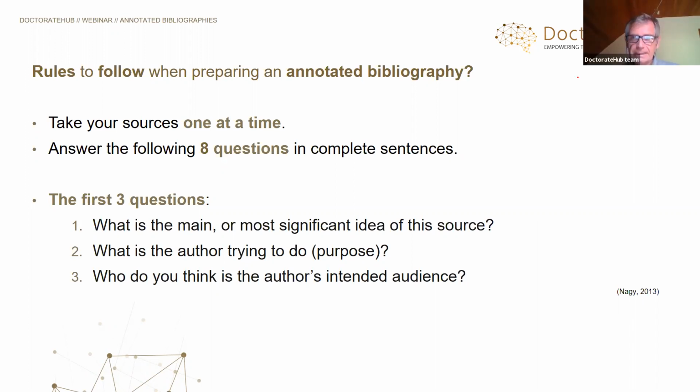But as I said, whenever something goes wrong, or you think that you're getting lost, please just come in. Okay, thanks. Now I'll bring two different views to help you put together a guidance for how to write an annotated bibliography.